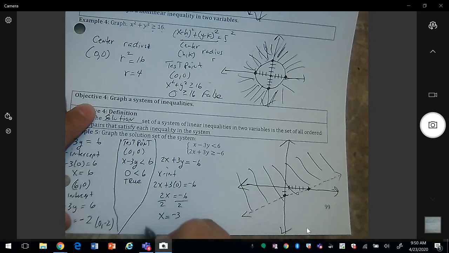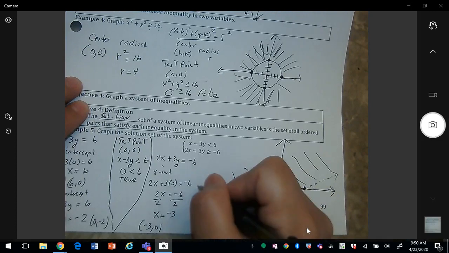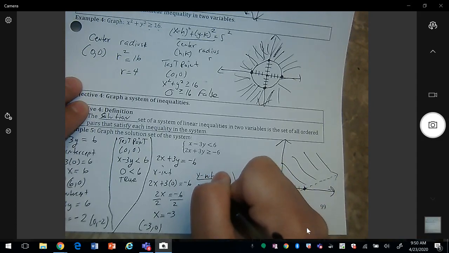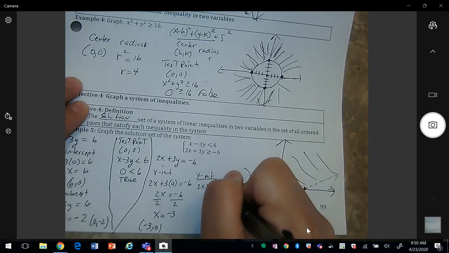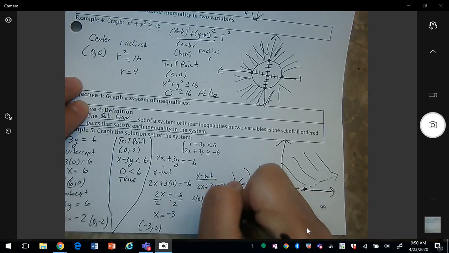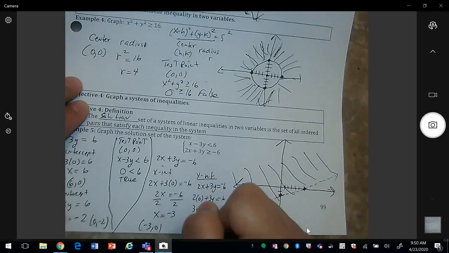So x is -3. And then I'm going to use the y-intercept. If x is 0, then here we get y is equal to -2.